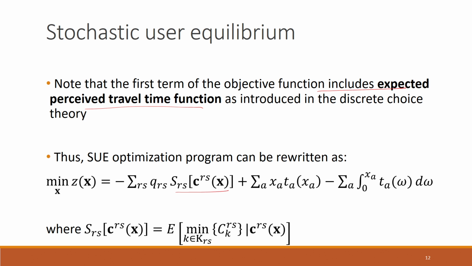Okay, where this is the expected perceived travel time, okay, for this OD pair RS. Okay, so this term was actually written in the previous slide here. So now we have replaced it with this. Okay.